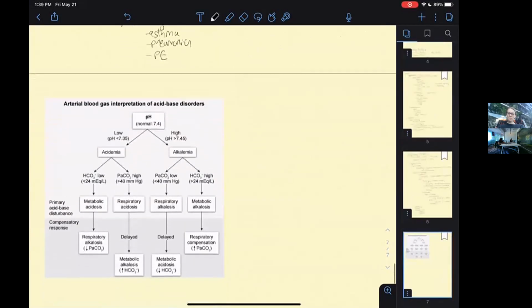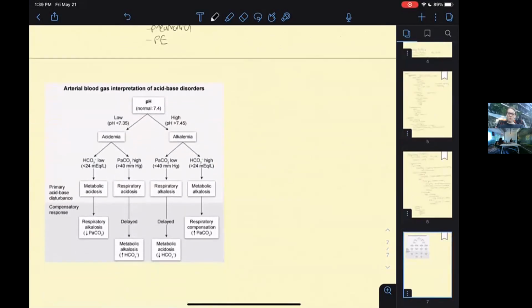And Shai's going to go over this diagram in more detail, but it's a pretty step-by-step pathway to identify: is it an acidosis or alkalosis, which system is it affecting, and what is the compensation? But I'll leave Shai to explain that.